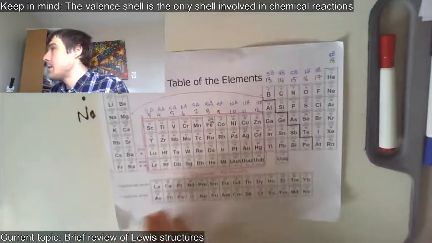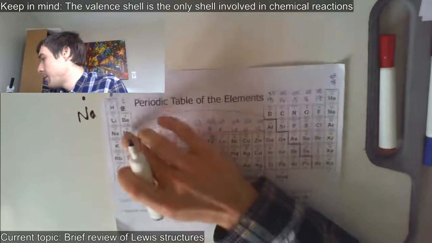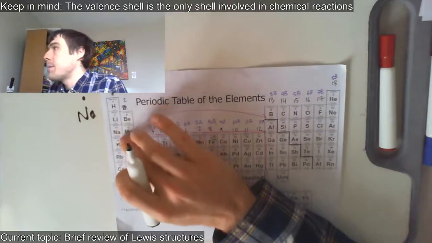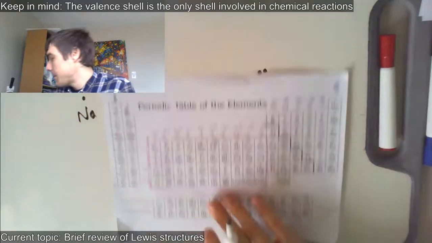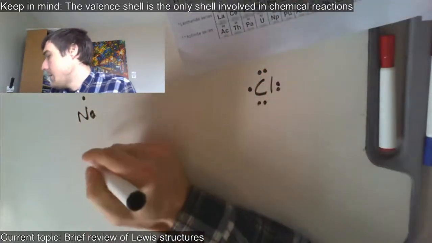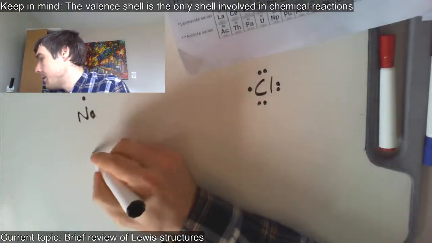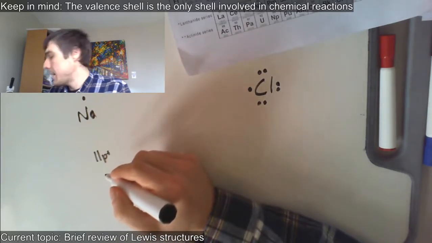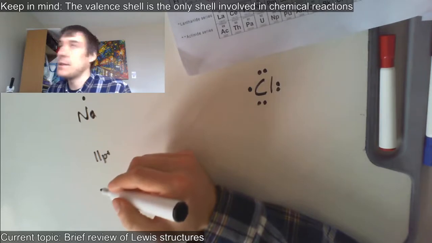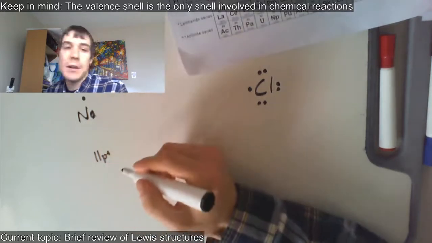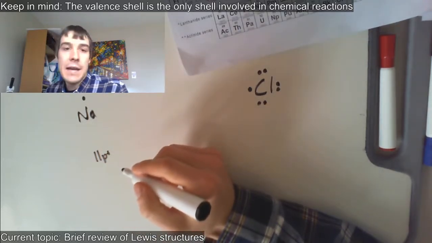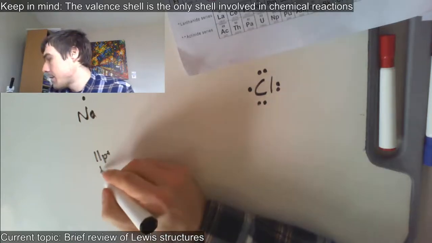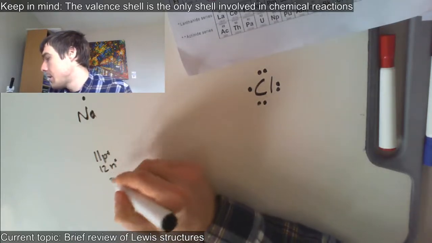When we look at sodium, it's number 11 with a mass of 23. So that means 11 is the number of protons, because that's what gives it its properties. 11 protons is always sodium, no matter how many neutrons are there. A mass of 23 means that there are 12 neutrons in the core.